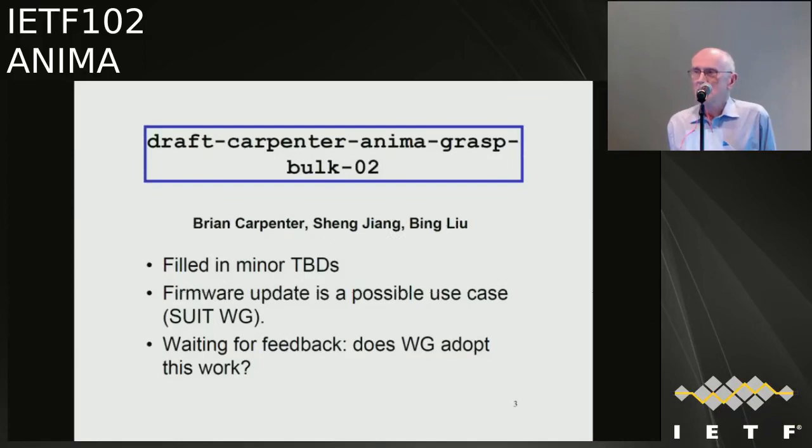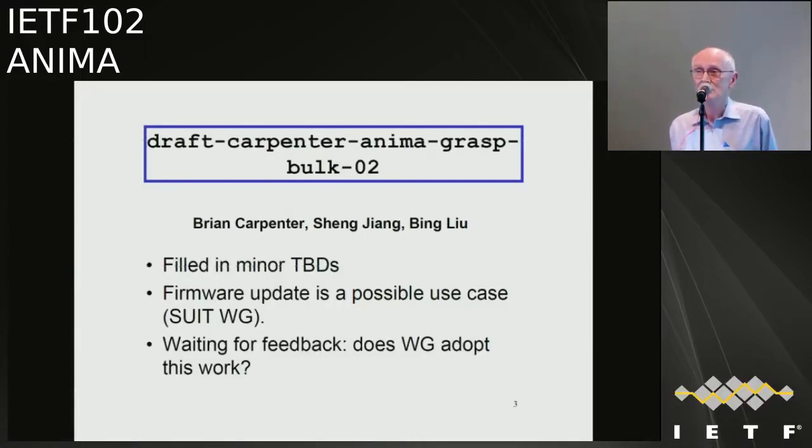I think we already mentioned it in the draft, but since firmware update is now an interesting topic in the IETF, we'd just like to point out that one of the things you could do in an autonomic network is trickle firmware updates through using a GRASP-based mechanism. I wouldn't use it for high performance requirements.